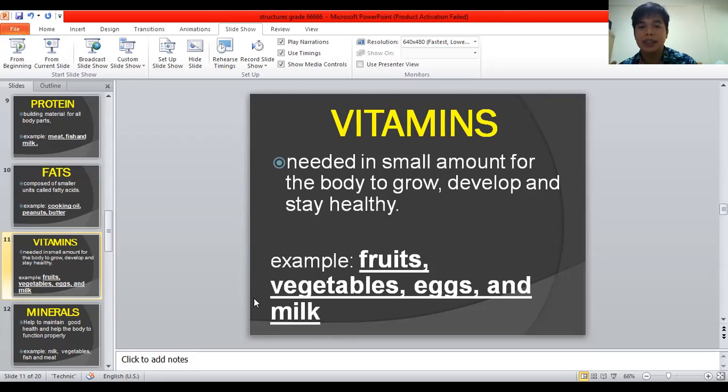I will give you 3 seconds. These are the examples of vitamins. We have fruits, vegetables, eggs, and milk. Read, students. Very good. Now that is an example of vitamins.